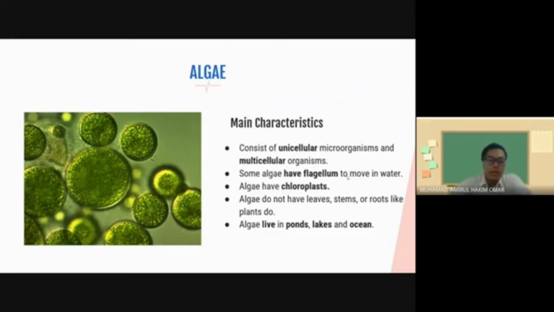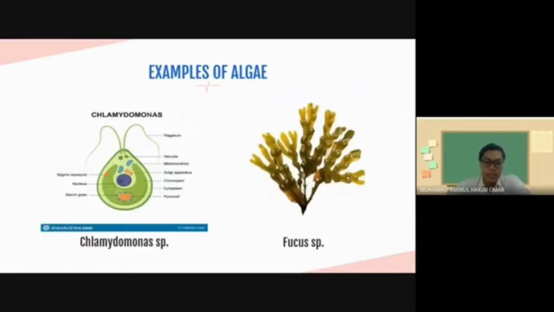Algae also have a chloroplast. Although algae have chloroplast, they do not look the same as plants, because algae do not have leaves, stems, or roots like plants do. And lastly, algae live in ponds, lakes, and ocean.